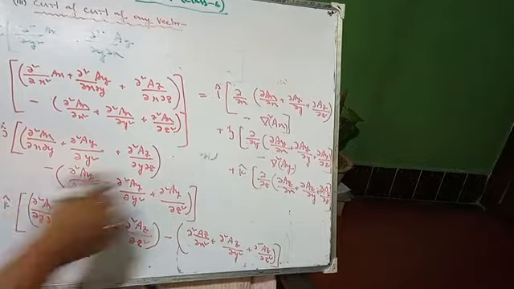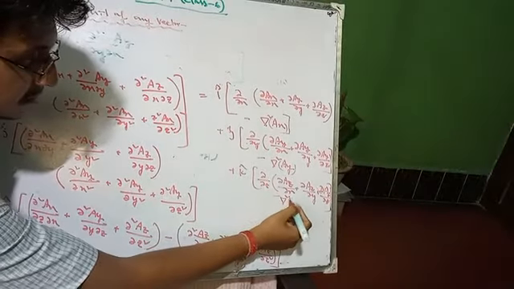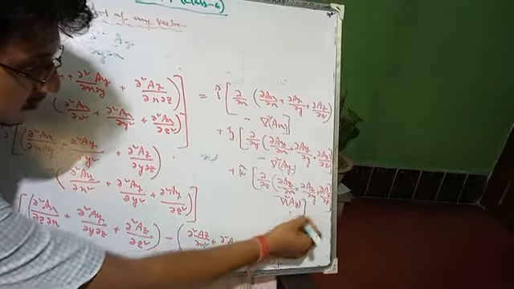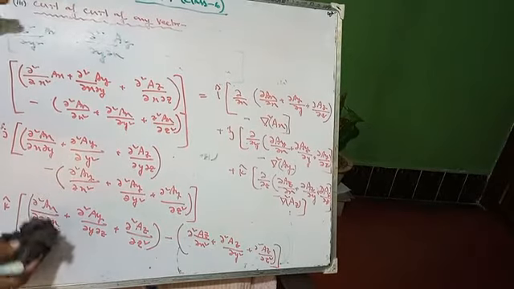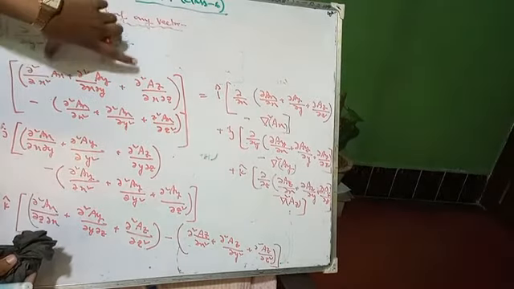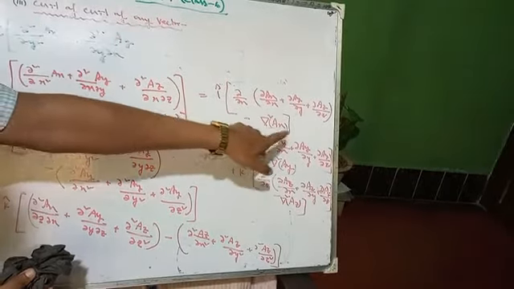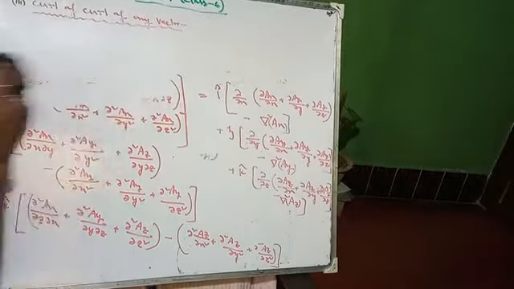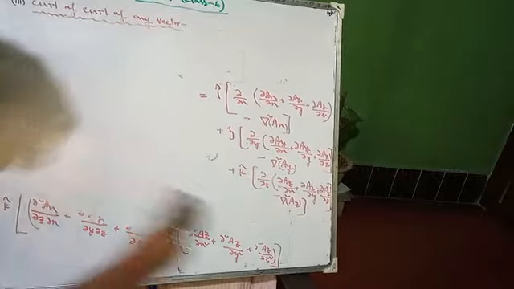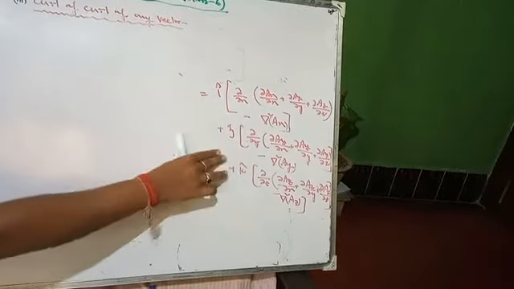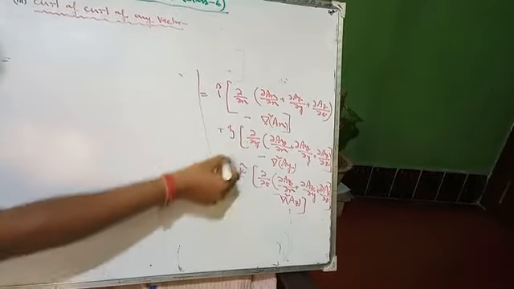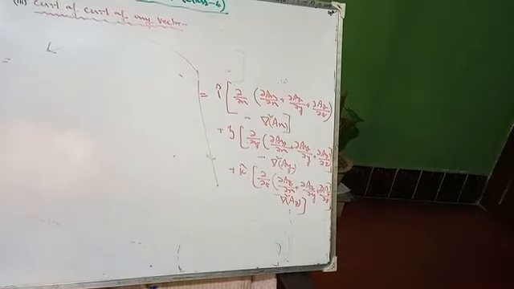So ∂/∂z common, take it common, and Laplacian of Az, okay. So now what are the calculations after this line we are performing over here, okay.